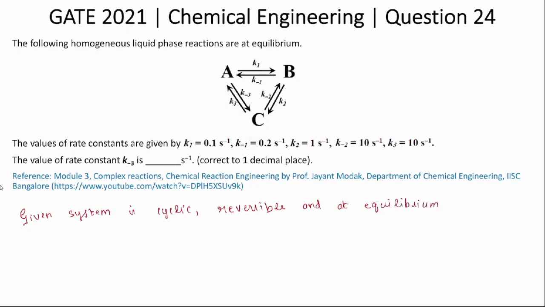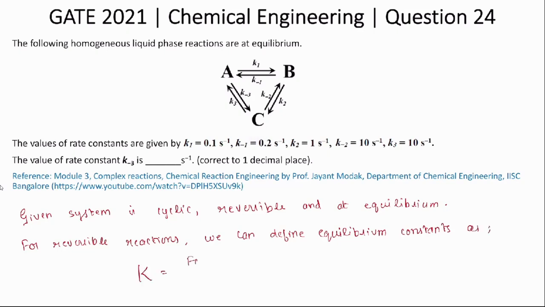Equilibrium means the rate of reaction is zero. For reversible reactions, we can define equilibrium constants. So we can define the equilibrium constant, capital K, as the forward reaction rate constant by the backward reaction rate constant.